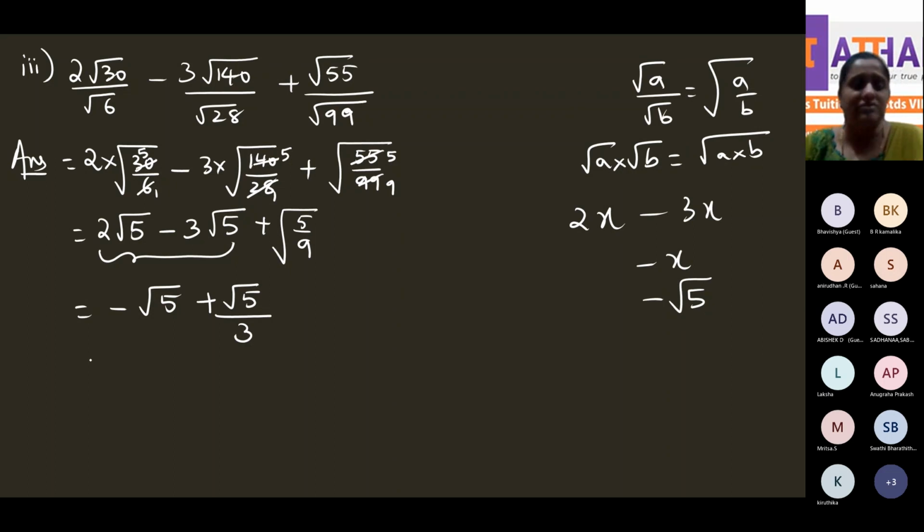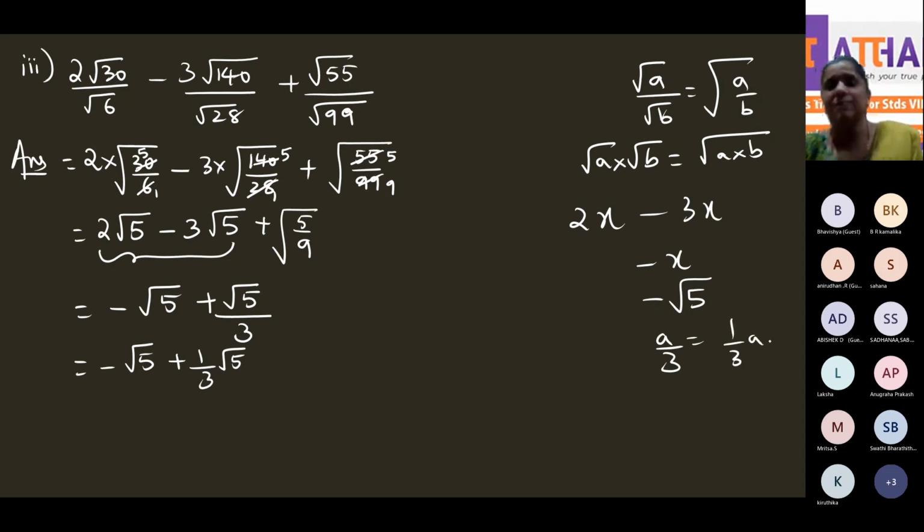Now, this means minus root 5 plus 1 by 3 root 5. Root 5 by 3 means 1/3 of root 5, 1 by 3 into root 5.